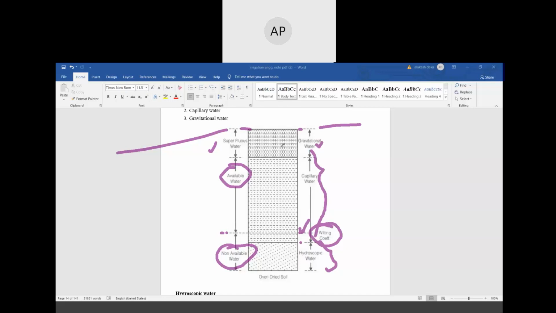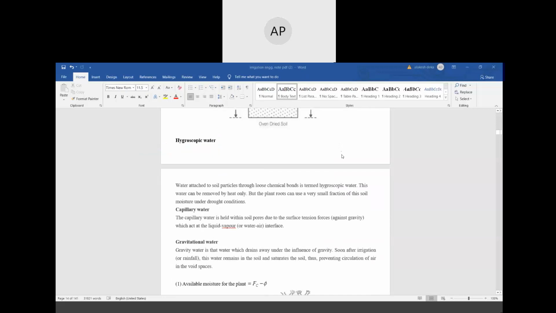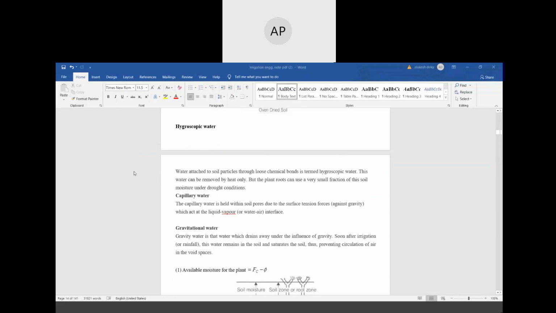Okay, so let's see the definition. Hygroscopic water: water attached to the soil particle through loose chemical bond is termed as hygroscopic water.